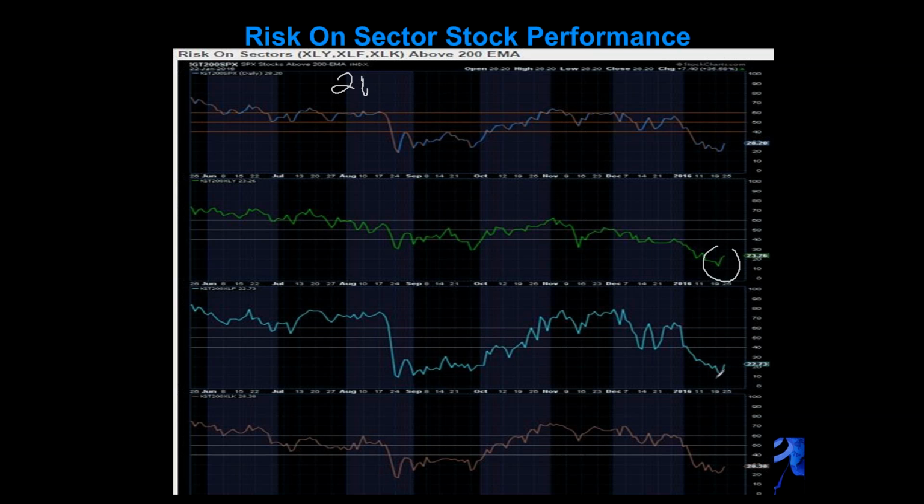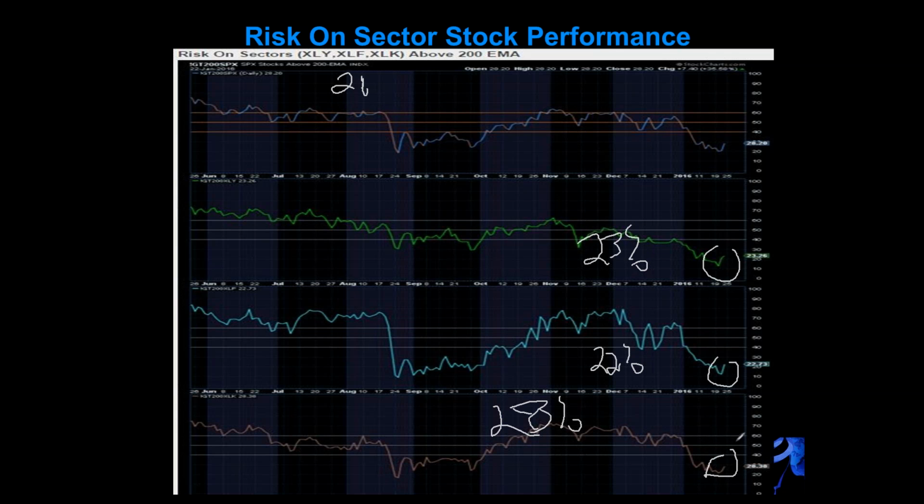We look at financials, 22%. This includes that big run that we had on Friday. And technology, let's call it 28%. Still very, very low.